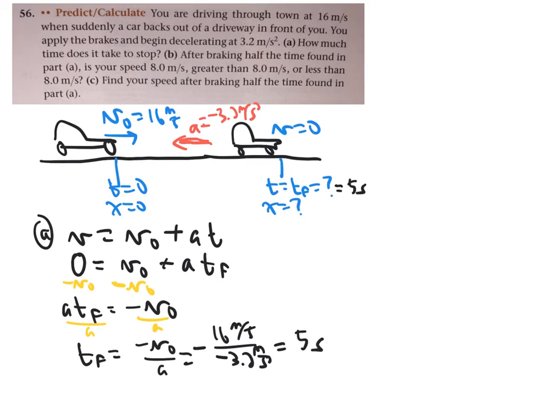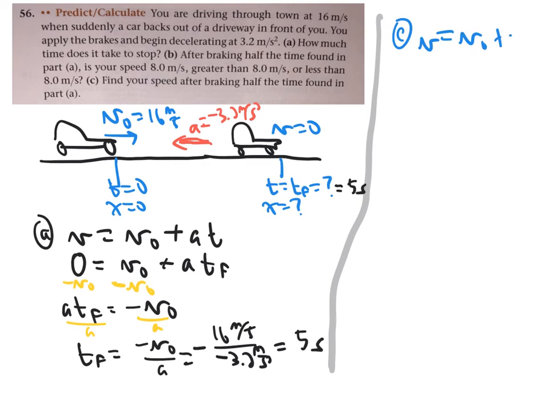We should, however, go on and show that. But showing it straight up is actually not that hard, because we can use the same v equals v0 plus at, because that's true at any time that we have.